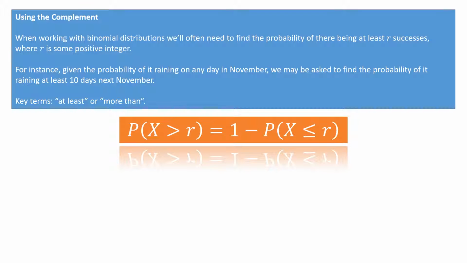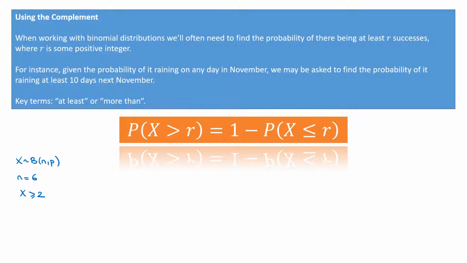Let's say we're given a discrete random variable, capital X, which follows a binomial distribution. And say for argument's sake that there are 6 trials, so n is equal to 6. Let's say we're interested in finding the probability of there being at least 2 successes. In other words, we want capital X to be greater than or equal to 2.